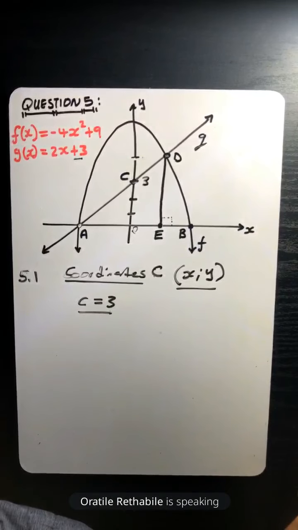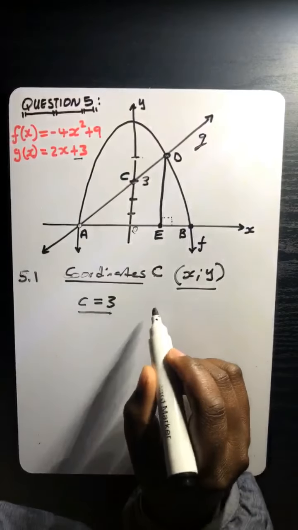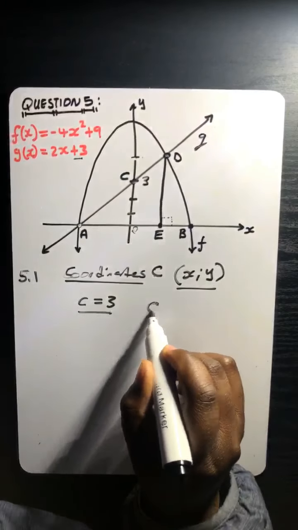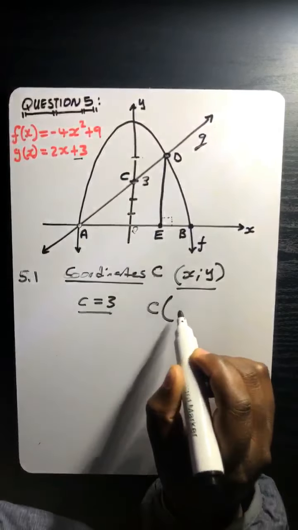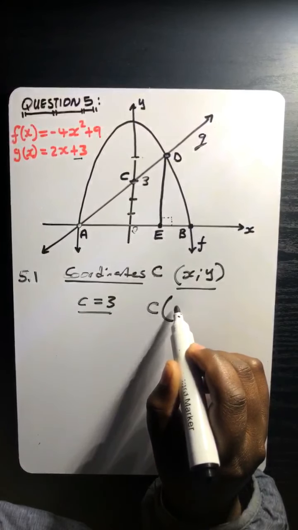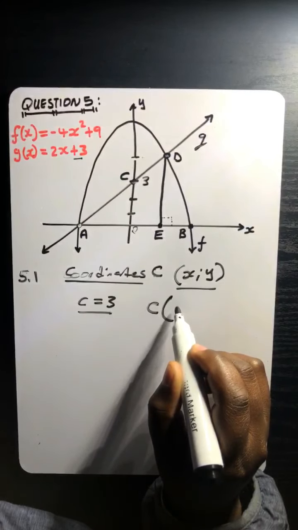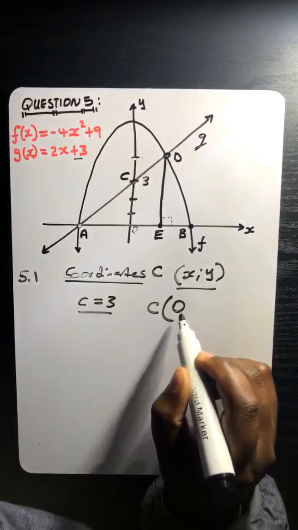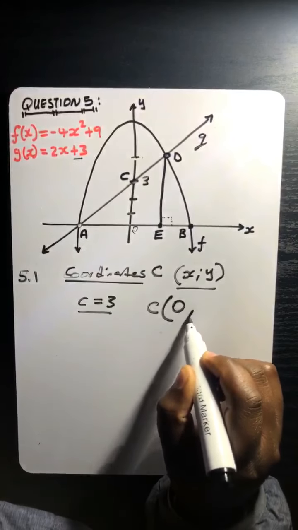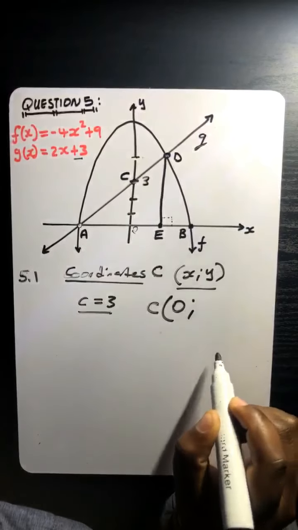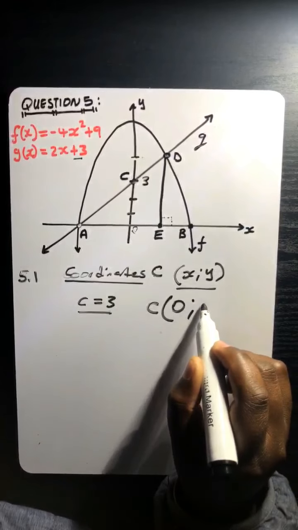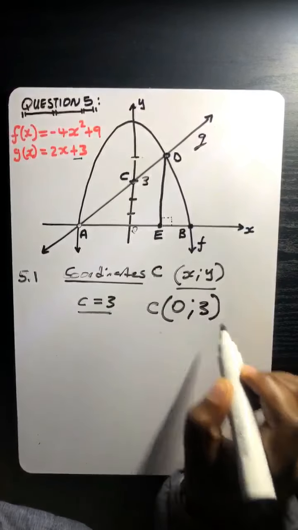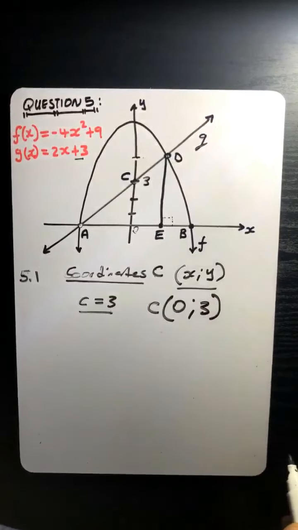I think saying 3,0. Yes, so you can just say C into the X value. What is the X value, Oratile? So the X value obviously is 0, and then semicolon, the Y value is 3. So this is how you answer this question.